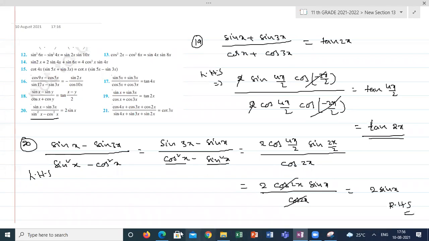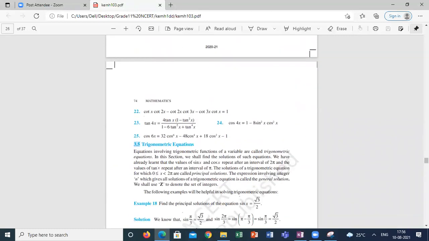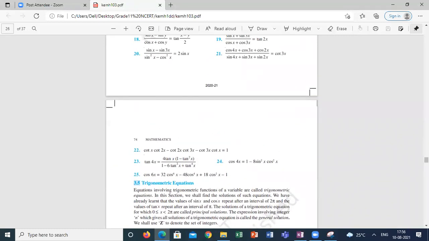How many questions are remaining, guys? Still we can do one or two questions. These five questions we can continue in the next class. So far, on all these questions, does anyone have any doubts or any kind of discussion you want to do? Any suggestions, or do you feel somewhere, sir, I am struggling at this point?